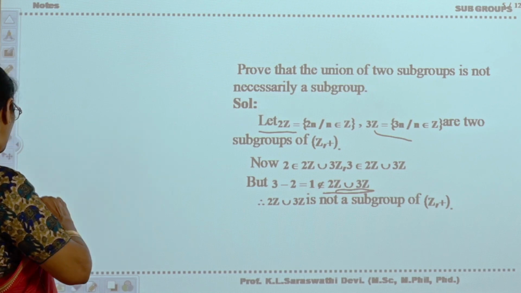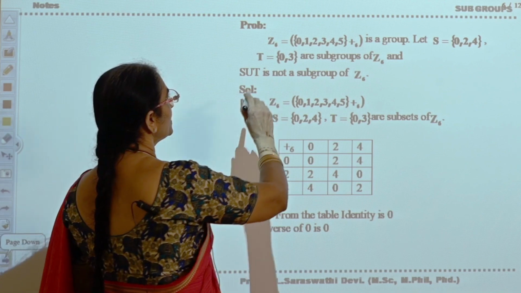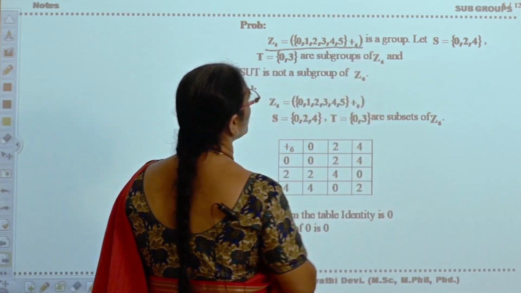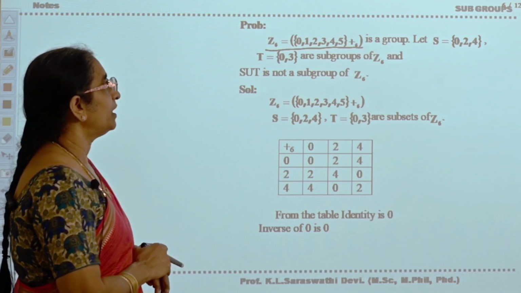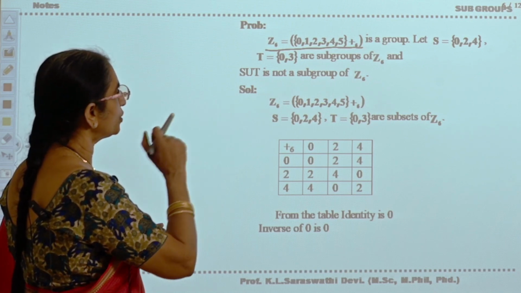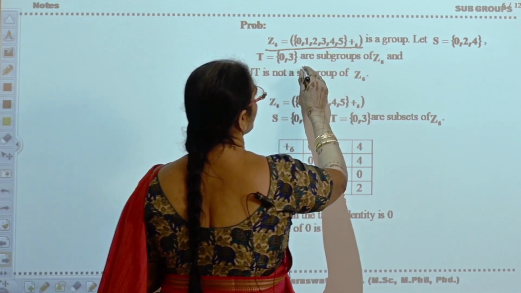See, this is with infinite sets. Now, see the finite sets. Z6 equal to 0, 1, 2, 3, 4, 5, with addition modulo 6, is a group. Let S equal to 0, 2, 4 and T equal to 0, 3 be subsets of Z6.